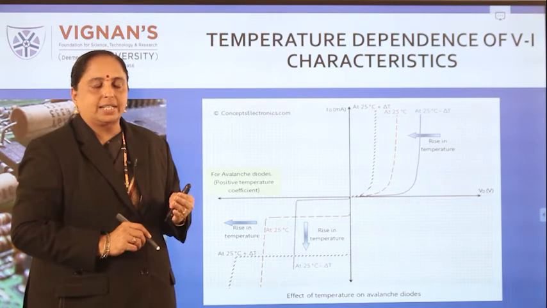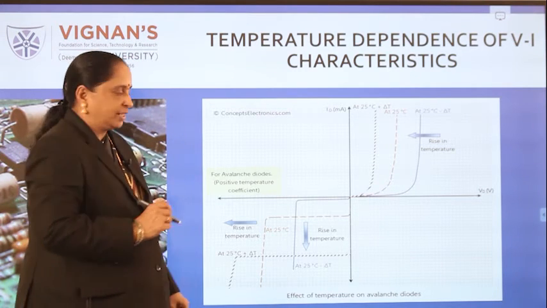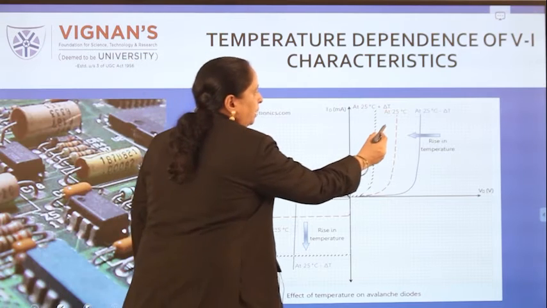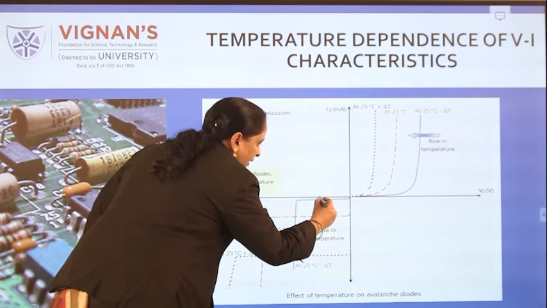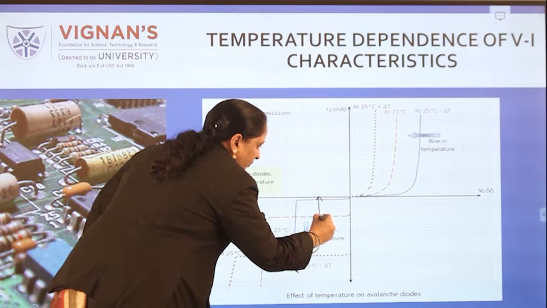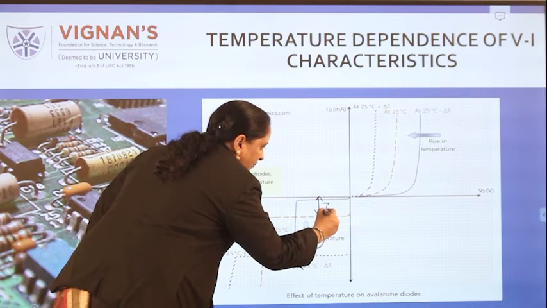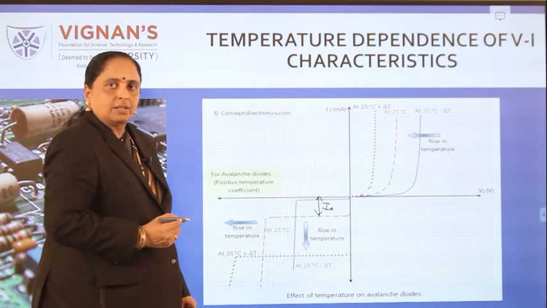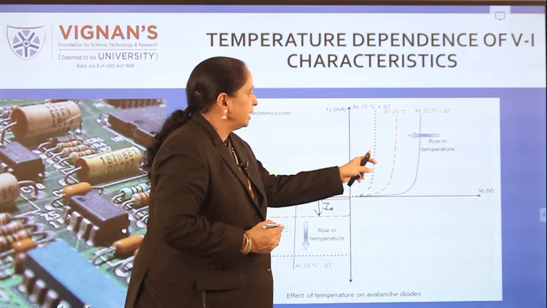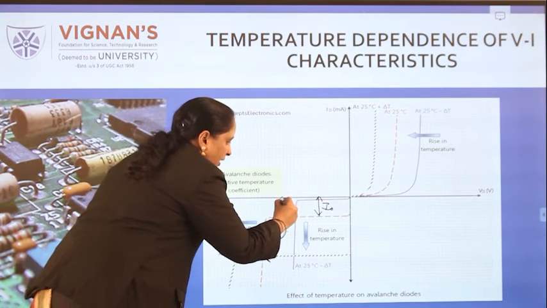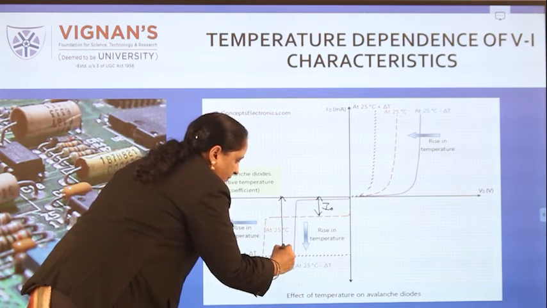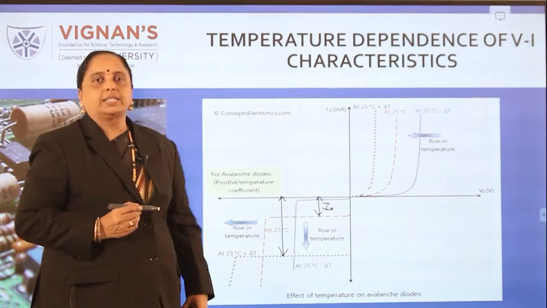I naught, I said, is the reverse saturation current. If you see the room temperature characteristics at 25 degrees centigrade, this represents the saturation current, I naught. Suppose the temperature increases, what is happening here? This is the reverse saturation current, and I naught increases.